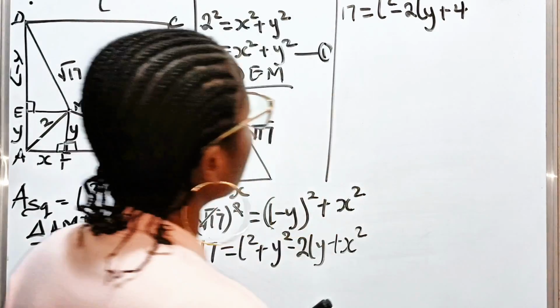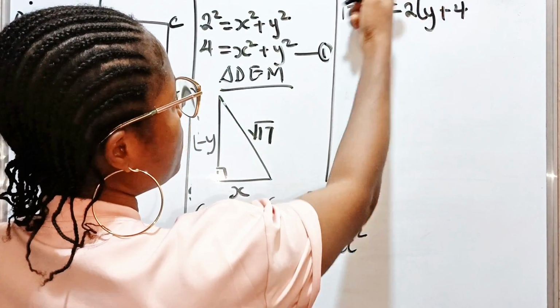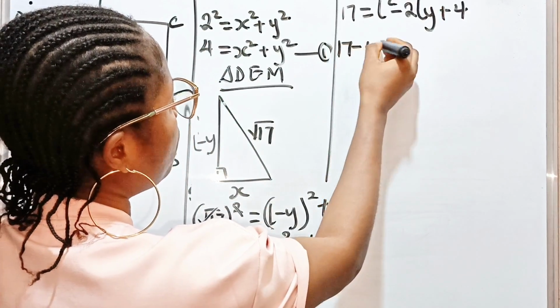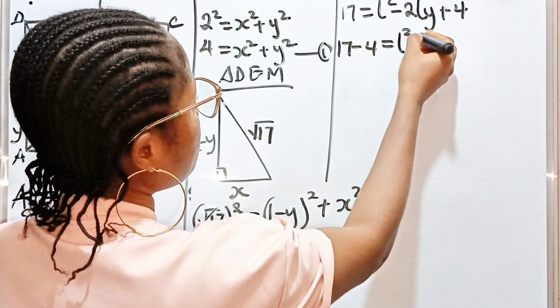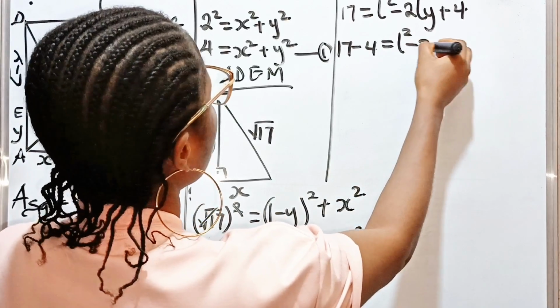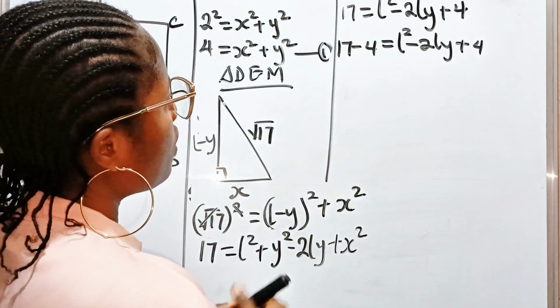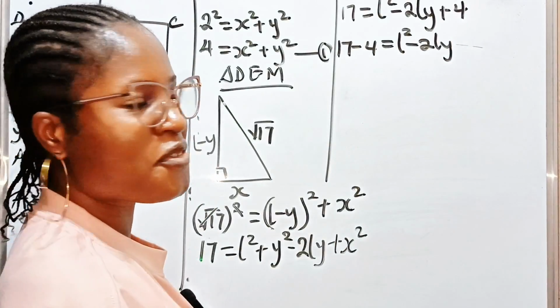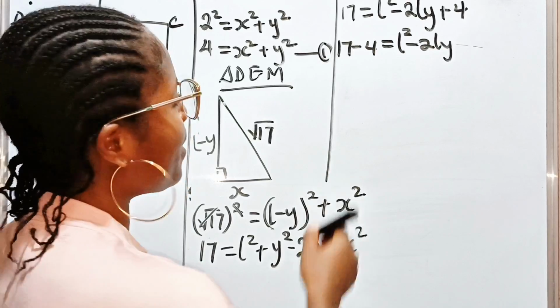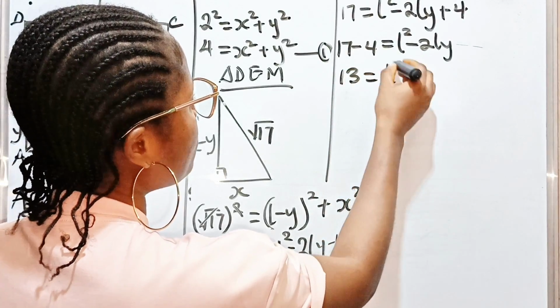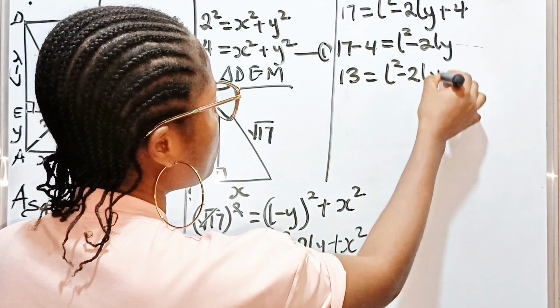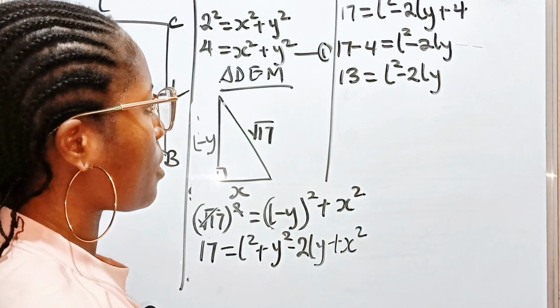Now if we transfer 4 to this side, we have 17 minus 4, which is 13, is equal to L squared minus 2ly.